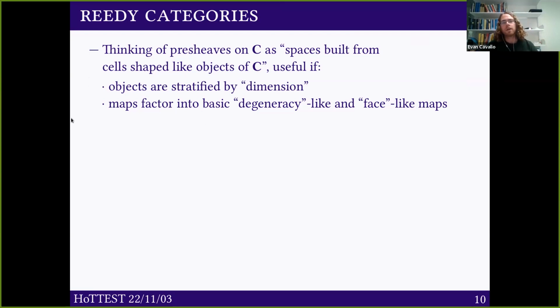One, that we can stratify the objects of the category by some kind of dimension. So in the case of cubes, we have the one cube that we think of as one-dimensional and the two cube that's two-dimensional and so on. And we have a similar kind of thing with simplices. And then whenever we have a map between two of these objects, we can factor it into some kind of degeneracy-like map that lowers the dimension, followed by some kind of face-like map that raises the dimension.